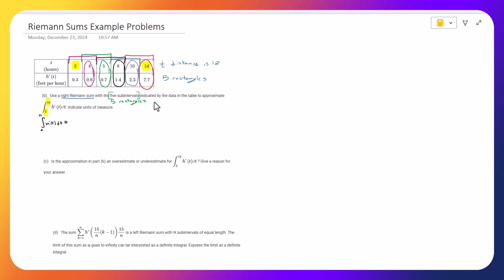Since we're doing a right Riemann sum, let's go ahead and go from the right. So we're starting with our red rectangle.